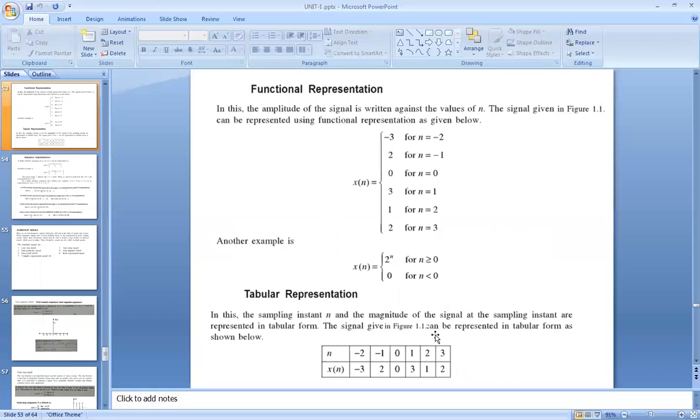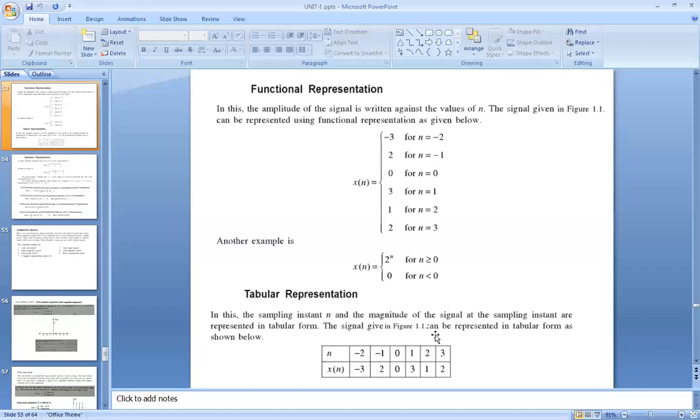So here x of n is equal to, the first value is written as minus 3. When will minus 3 be present? Minus 3 will be present when n is equal to minus 2. Similarly, x of n is equal to 2 will be present for n is equal to minus 1.